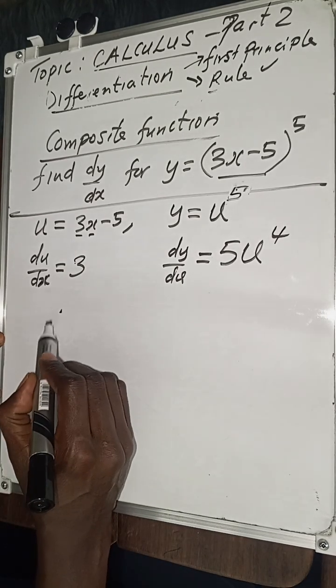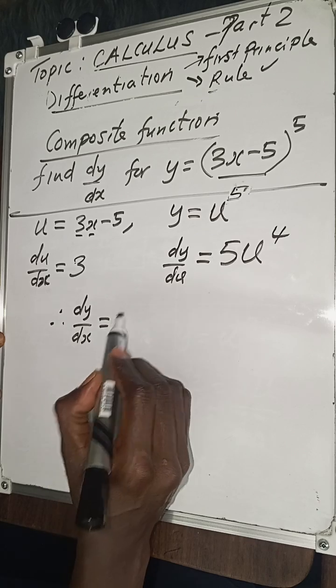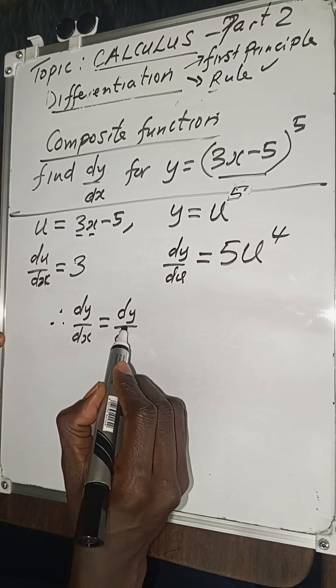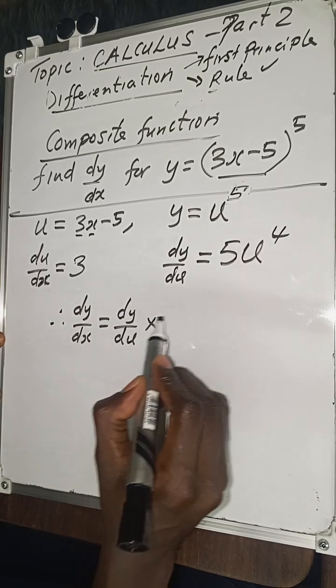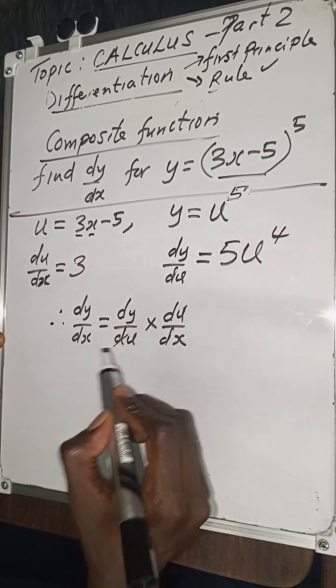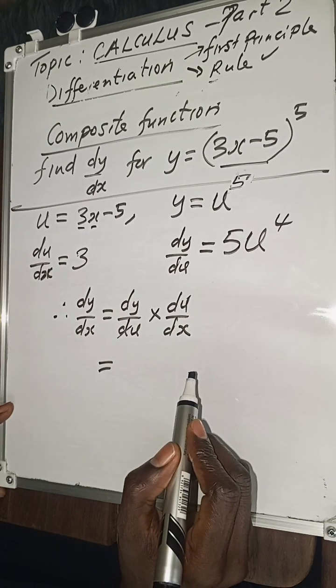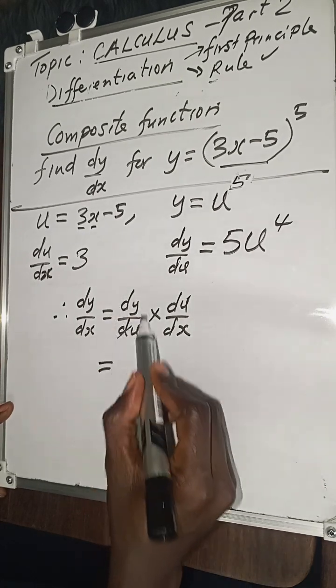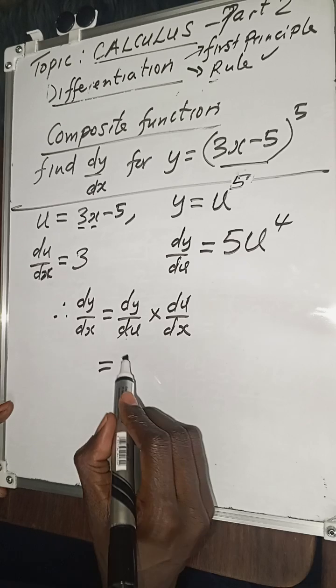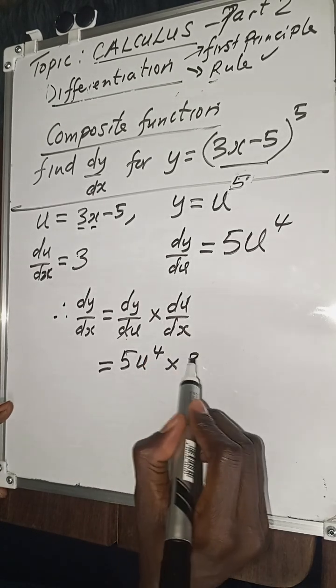So now, to find dy over dx, it is dy over du times du over dx. In essence, you think these are cancelling, but please, they don't cancel because you're finding the derivative. So what is dy over du? It is 5u raised to the power 4 times that 3.